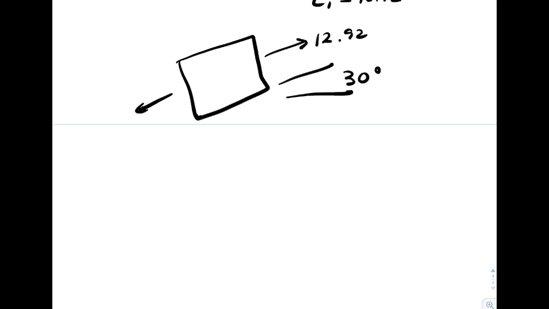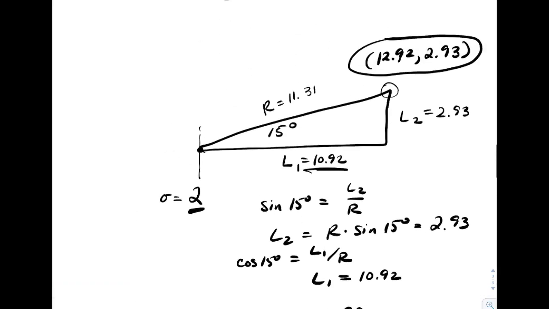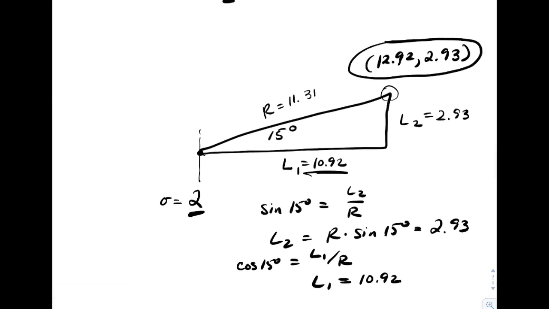I have a positive shear stress, and Mohr's circle sign convention says that clockwise is positive. So I can draw all 4 shear stresses, and I know their value, so I'm going to call them 2.93.